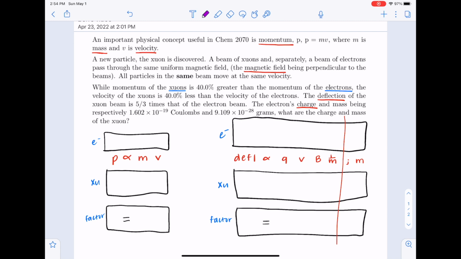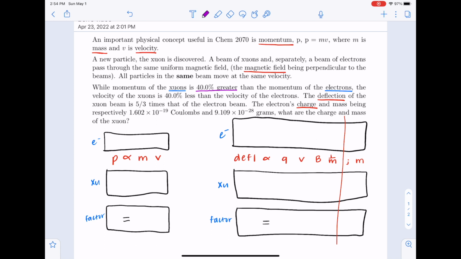Awesome. Now we'll start putting in information from the problem into the proportionality table. We see that it says that the momentum for the gluons is 40% greater than the momentum for the electrons. This is a bit tricky to understand, so let's break it down. If the momentum of the electron was 10, you could add 40% of 10 to get the gluon momentum. So since 40% of 10 is 4, in that case, the momentum of the gluon would be 14, 10 plus 4.